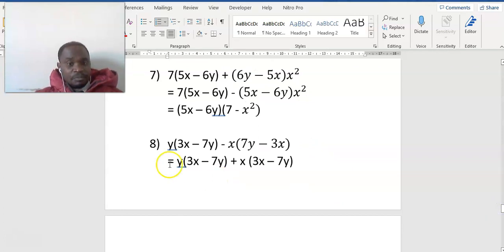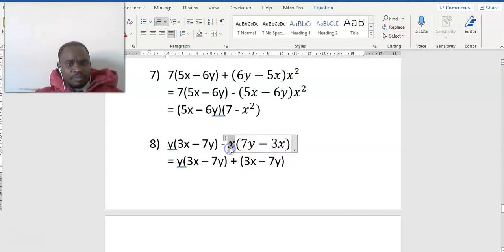The next one, I have this 3x minus 7y, 7y minus 3x, similar. This time it's minus, isn't it? So I have this one, I've written it again. It's minus, I have to write it as plus again. Alright, then this one looks like times. Let me delete and put this x there.